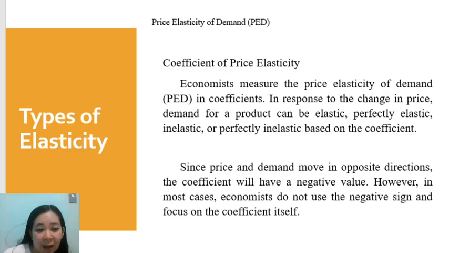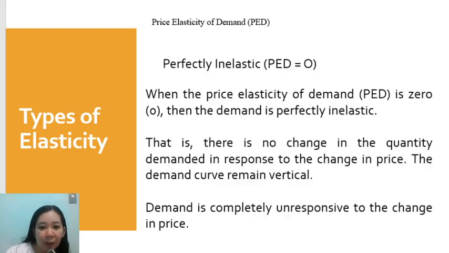If our price elasticity of demand is equal to 0, then it is said to be perfectly inelastic. If you still remember, this is the same as what we mentioned in the first three main concepts of elasticity. When the PED is 0, the demand is perfectly inelastic.